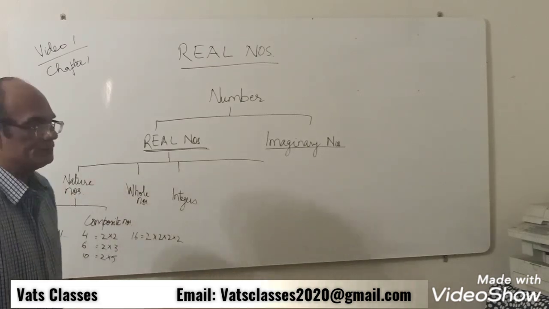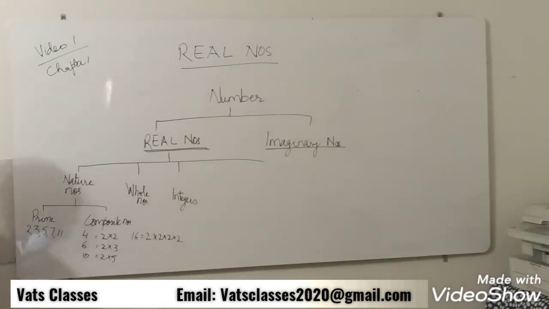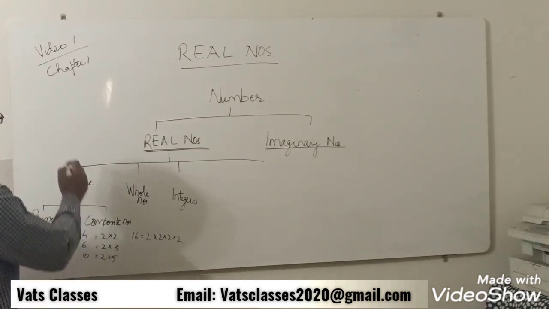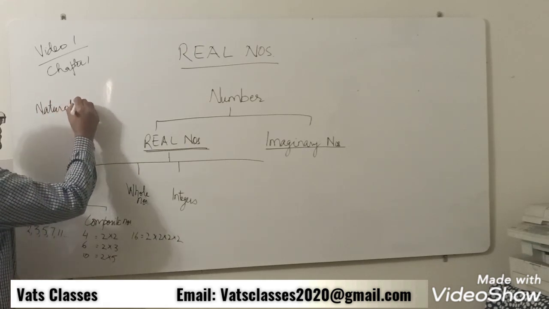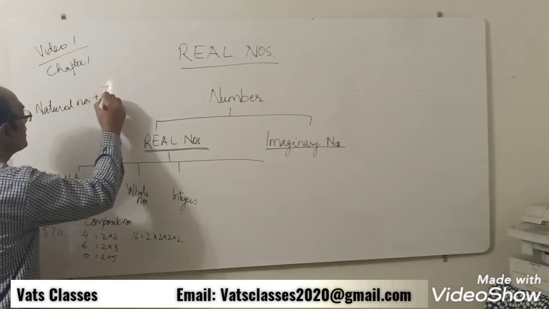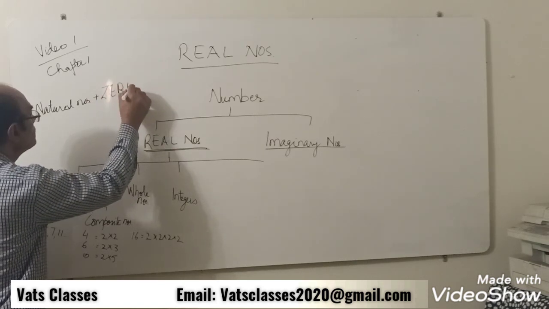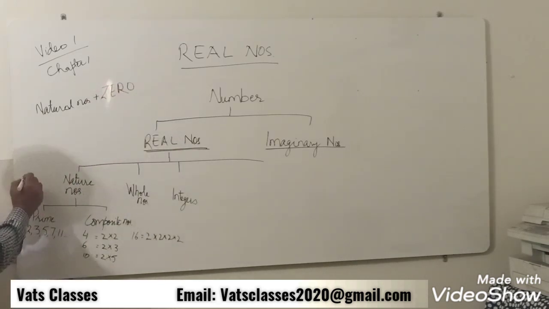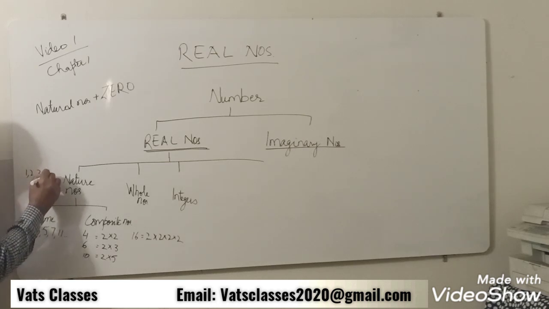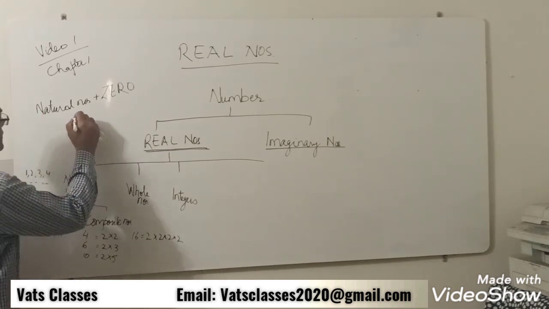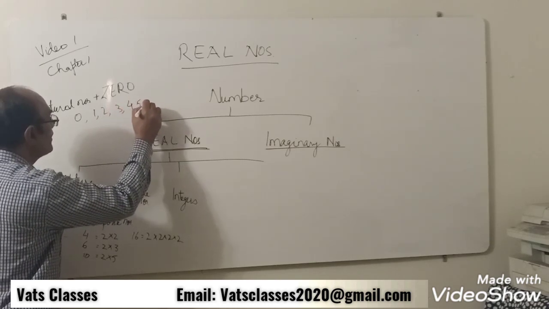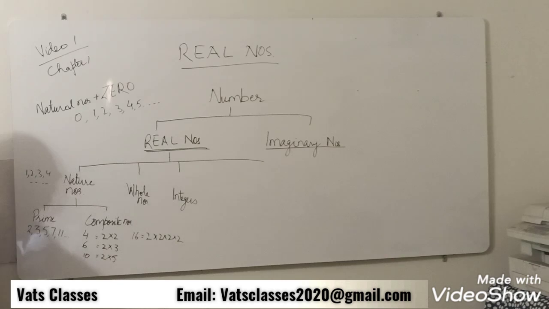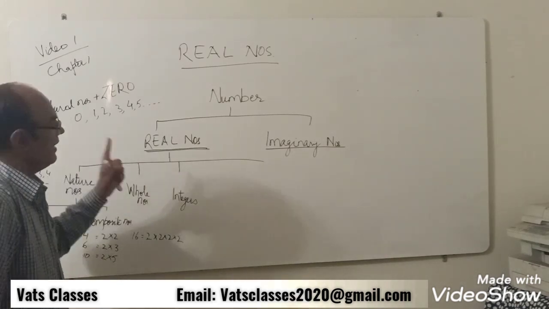Whole numbers. Whole numbers are all natural numbers plus 0. Natural numbers were the normal numbers 1, 2, 3, 4 and so on. Whole numbers will be 0, 1, 2, 3, 4, 5, and so on. Integers.